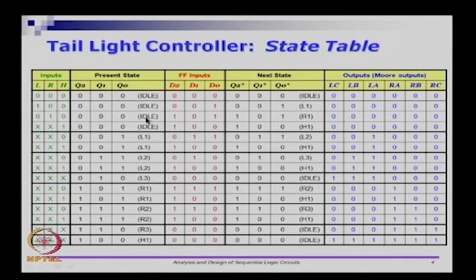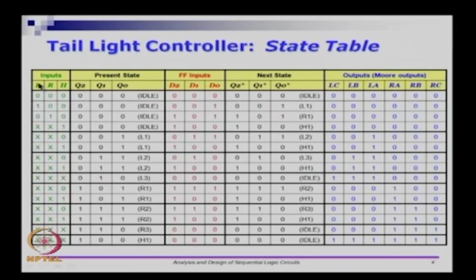Based on what state you are in, if you are in idle state, you always have all the lights turned off. If you are in state L1, you have LA turned on. If you are in state L2, you have both LA and LB turned on. If you are in state L3, all 3 lights are turned on. Similarly for R1, R2 and R3, you have the outputs described. So there is a much more concise representation.